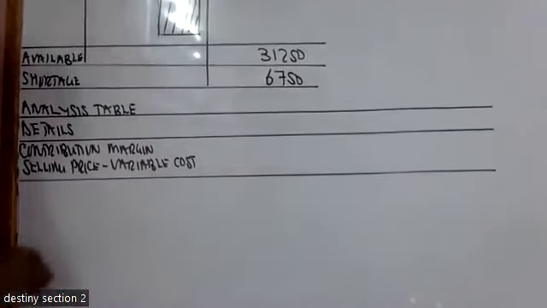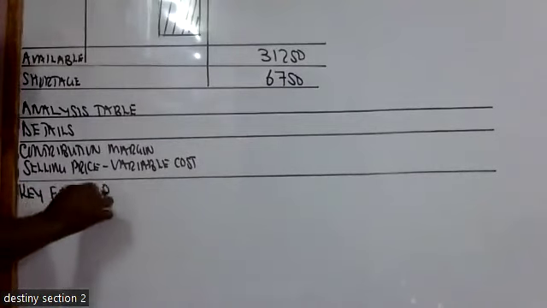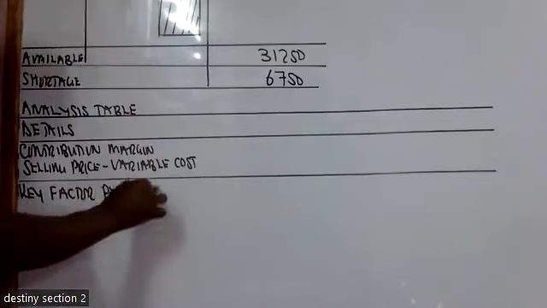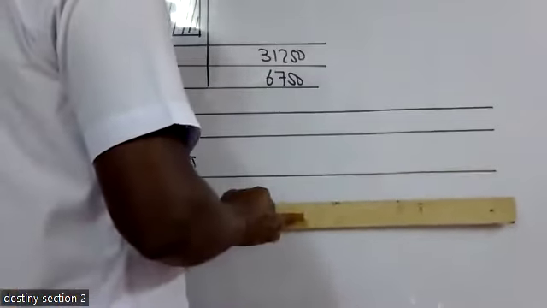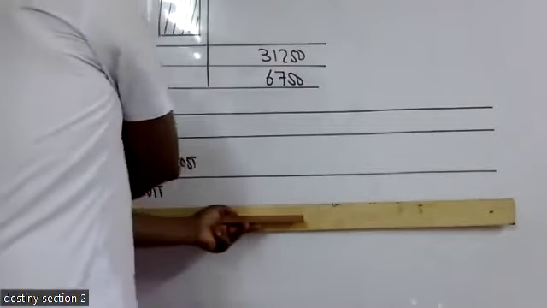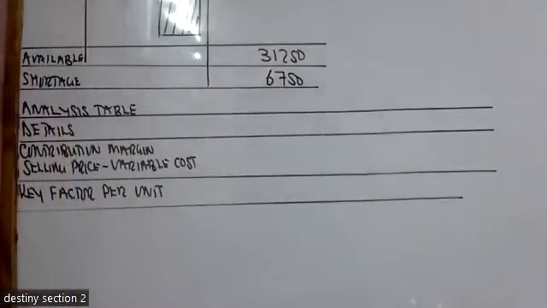The next thing that we require to bring is called key factor per unit. Now, key factor is also called the limiting factor. It is the scarce resource.